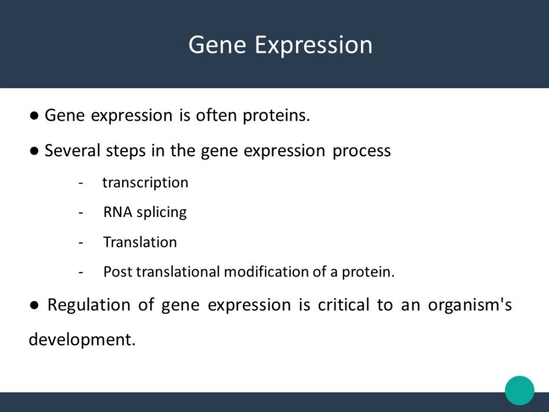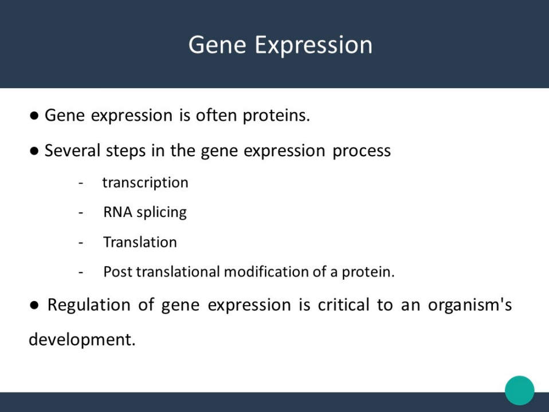Gene expression is the process by which information from a gene is used in the synthesis of a functional gene product. These products are often proteins, but in non-protein coding genes such as transfer RNA (tRNA) or small nuclear RNA (snRNA) genes, the product is functional RNA.